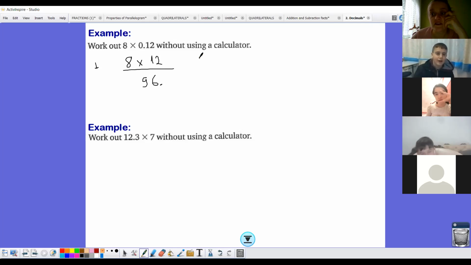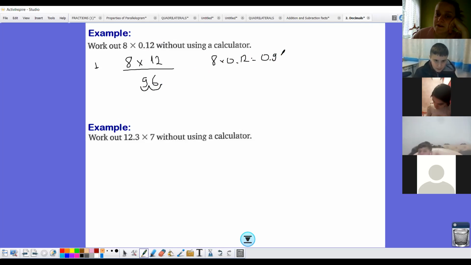Oh, yeah. We have 2. So we need to move 2 places, and the result will be 8 times 0.12 would be 0.96.